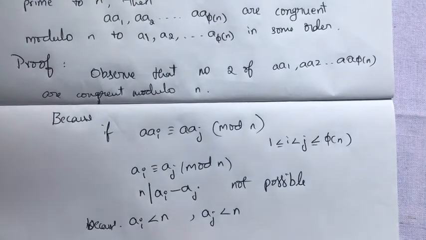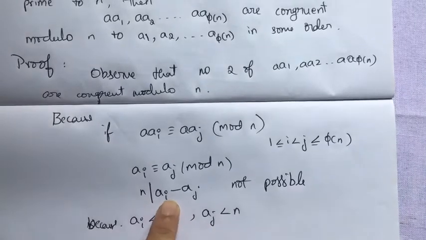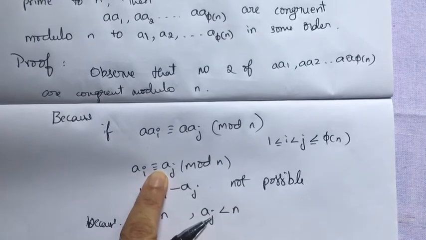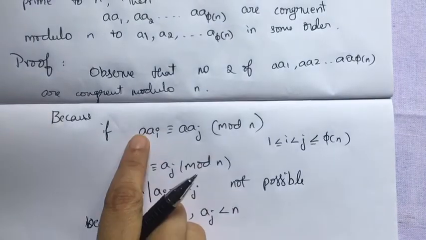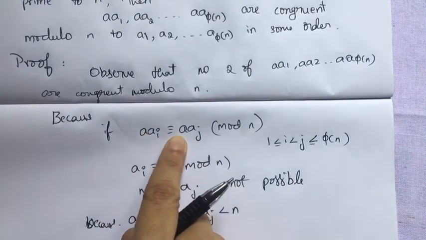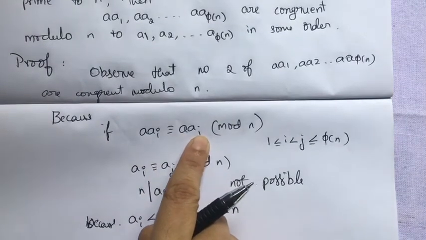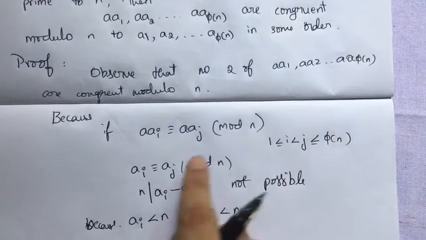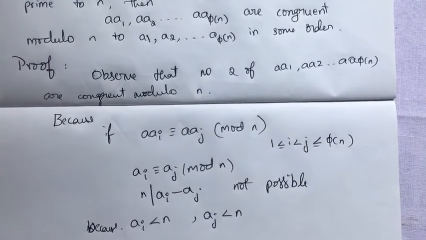Since these two are less than n, n cannot divide ai minus aj. Therefore, ai cannot be congruent to aj mod n. That means a·ai cannot be congruent to a·aj mod n for any i, j between 1 and phi of n.